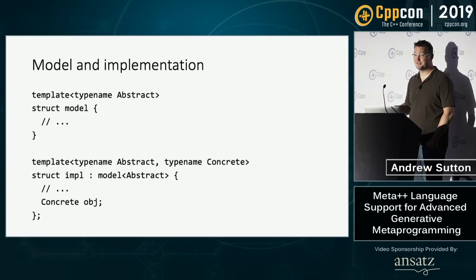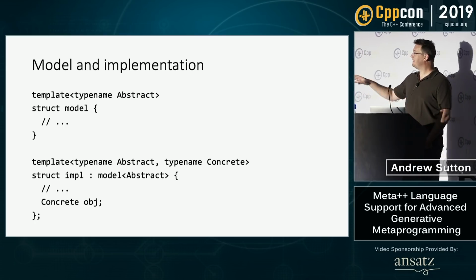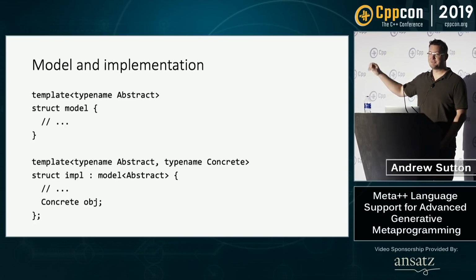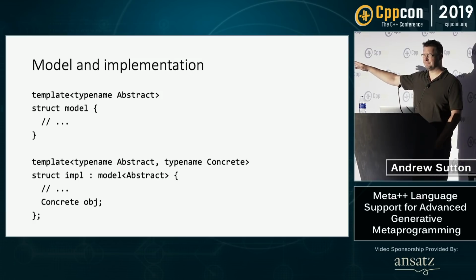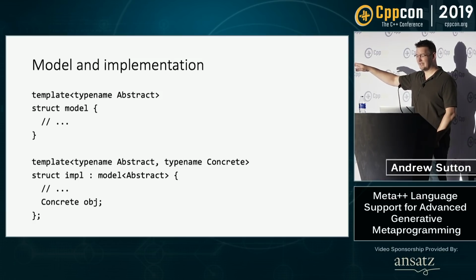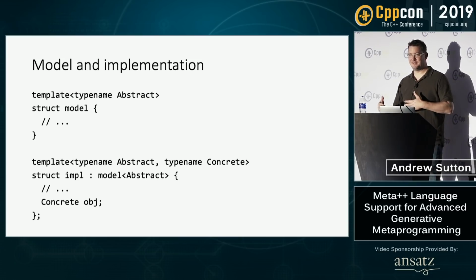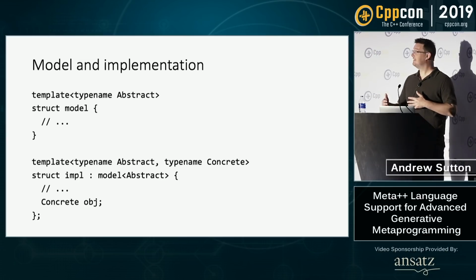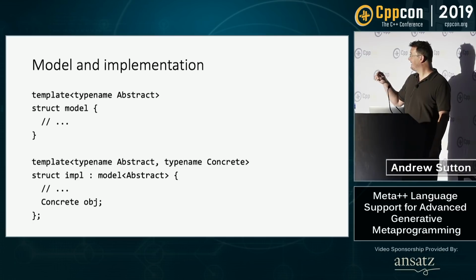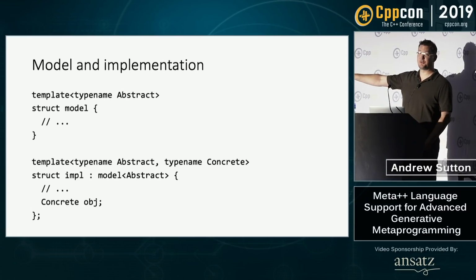And this is very vaguely what they look like. I'm not going to talk about the implementations, I'll just say what they do. So the model ends up being the base class in this hierarchy. It keeps around the type of the outer class, the actual prototype class. This model class has a bunch of metaprogramming in it that generates its own virtual table, which is cool. The implementation class obviously has the storage for the concrete object.